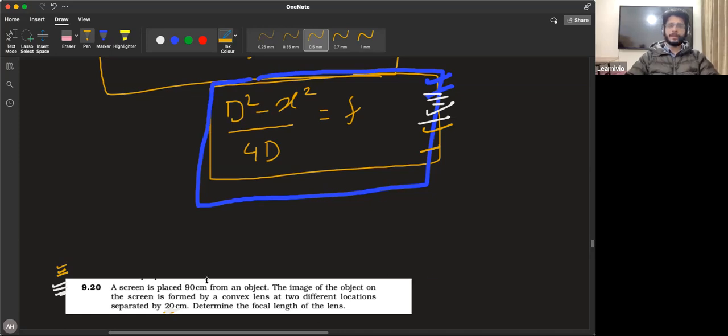So what is 90 centimeter here in this formula? This question is based on this formula only. What is 90 centimeter in this formula? Capital D. Yeah, this 90 centimeter is capital D.